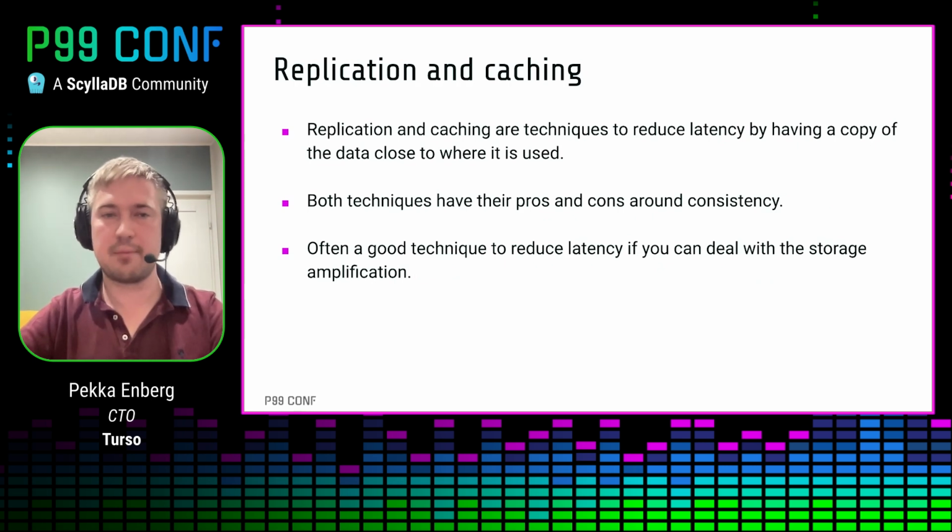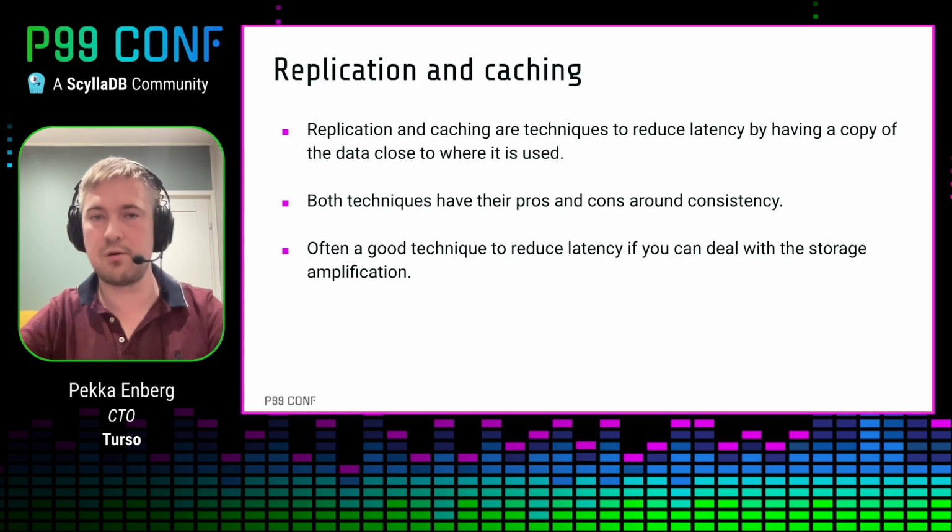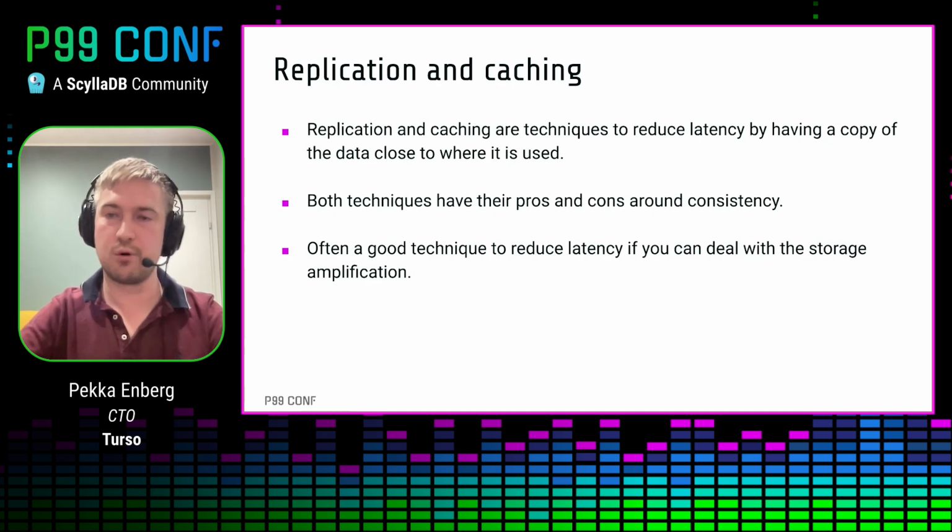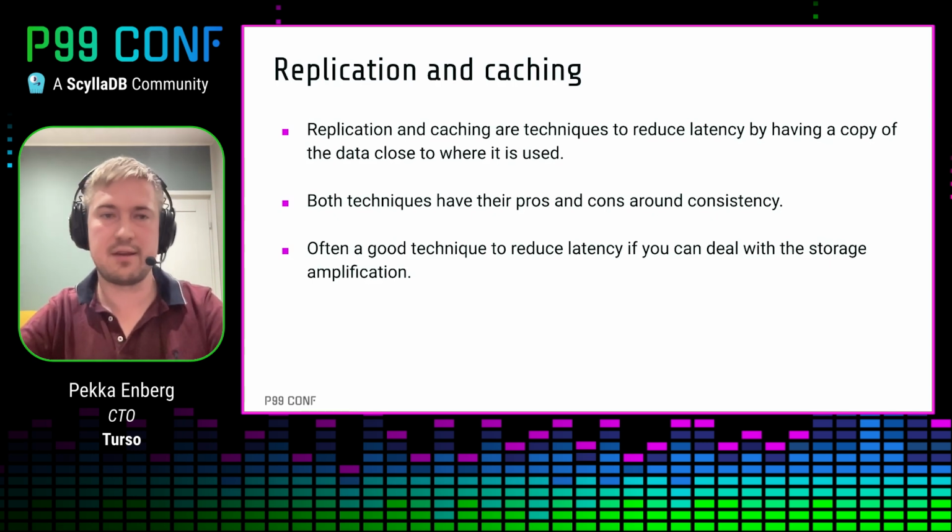So replication and caching are essentially, from my perspective, co-location techniques that make copies of the data, right? So you can reduce latency not just by moving the data close to you, but by having a copy of the data close to where it's used. Without getting into a lot of details on replication and caching differences, both techniques have their pros and cons around consistency.